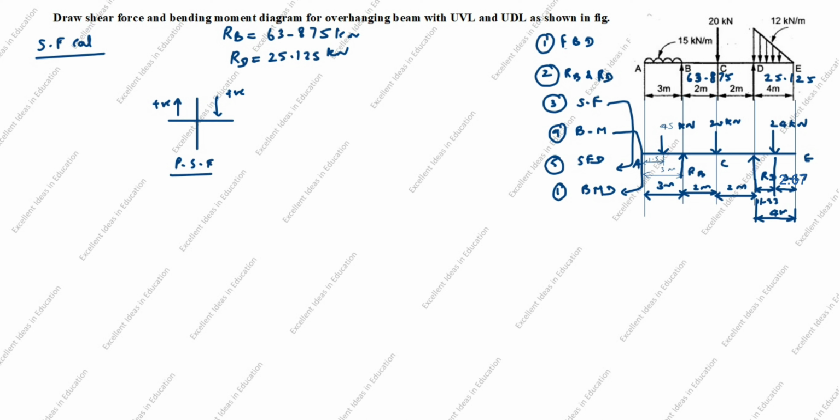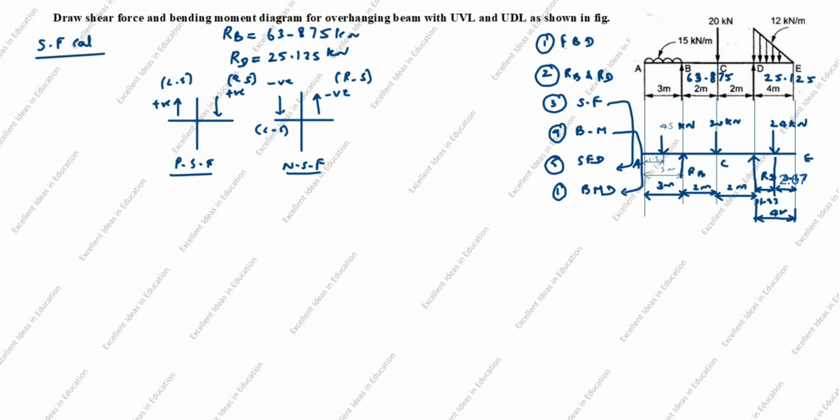This is left side. This is right side. Next rule is negative shear force. It comes down is negative. It goes up is negative. This is left side. This is right side.